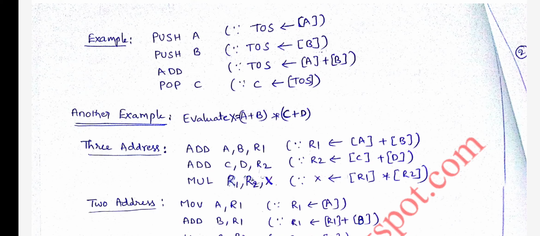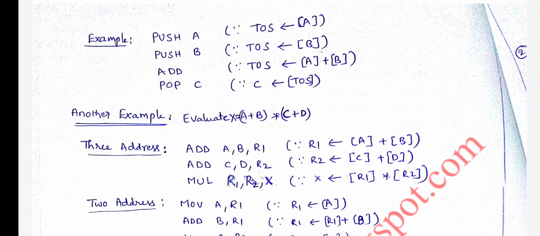Then pop C. The addition of A and B is popped from the stack and stored in C, right? This is zero address instruction format. See here, we use push and pop operations for performing C is equal to A plus B.